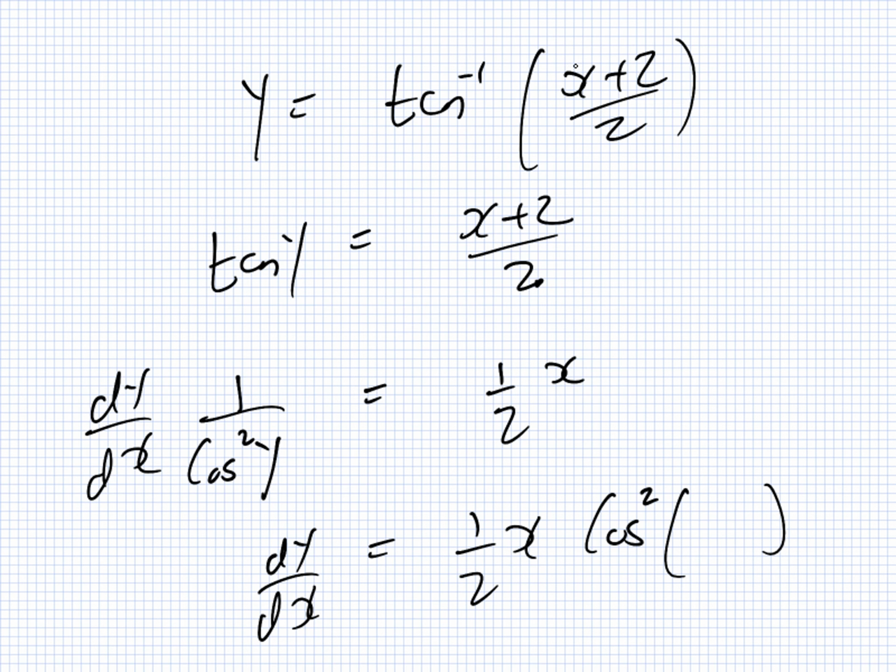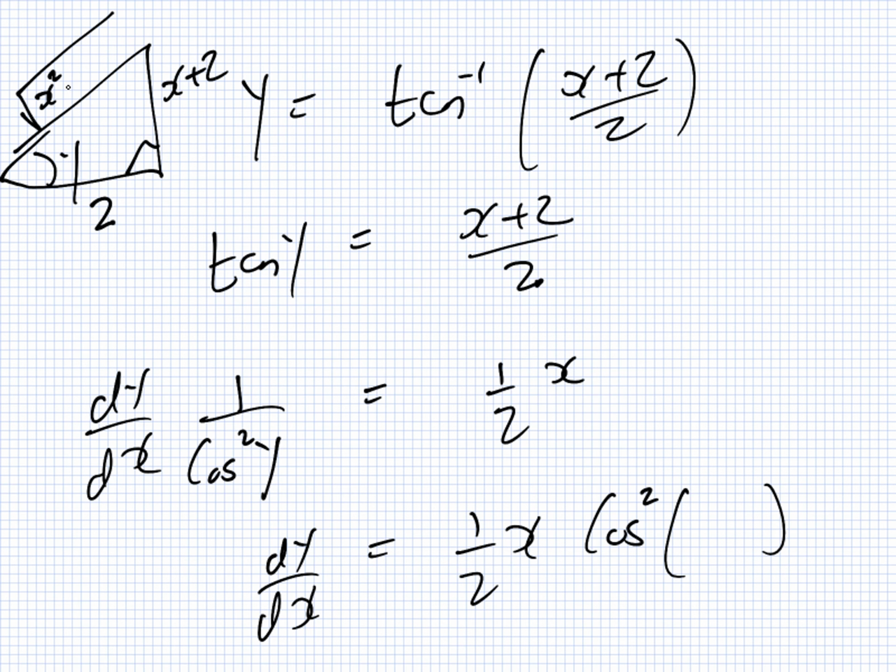Now, y is tan inverse. You can draw a little triangle here. If that's y, and that's x plus 2, and that's 2, because it's the opposite over the adjacent, then this side will be the square root of this squared plus this squared, which will be x squared plus 4x plus 8, because I'm adding the two squares together.